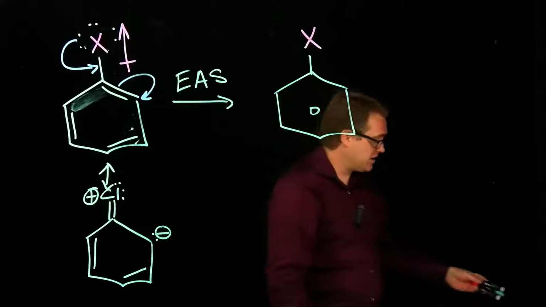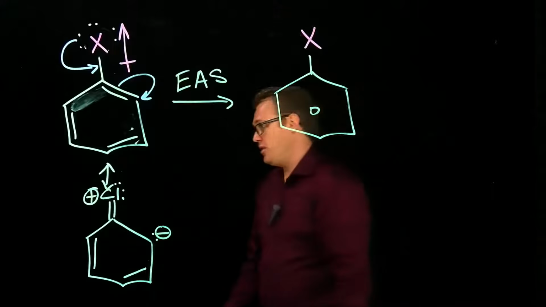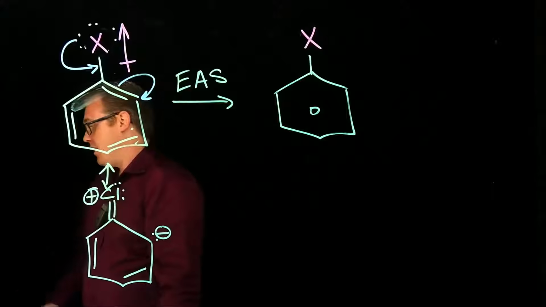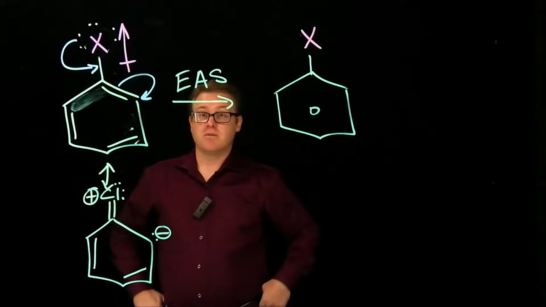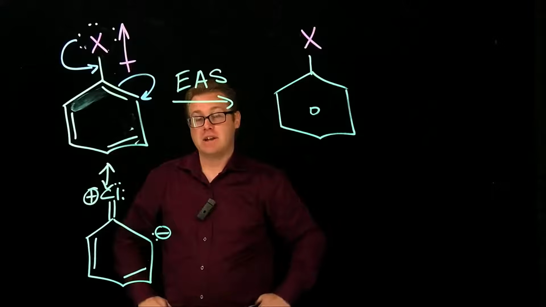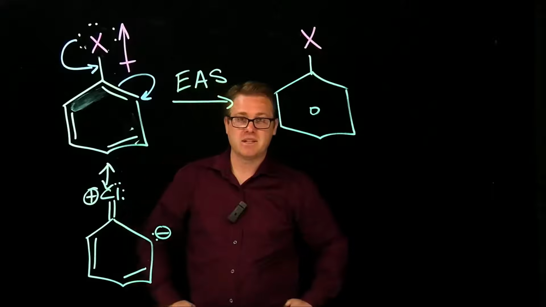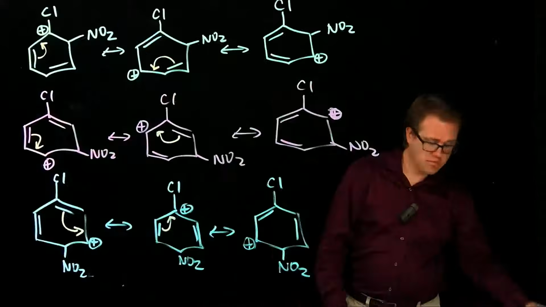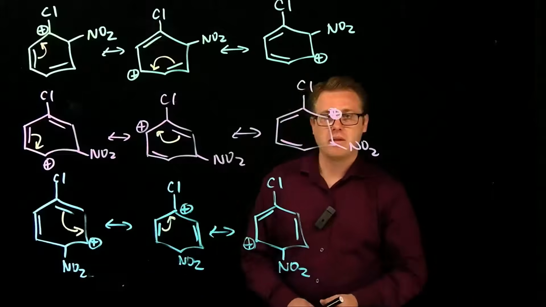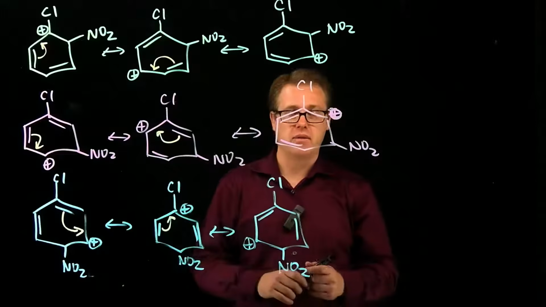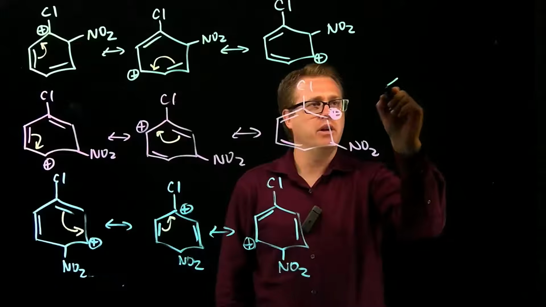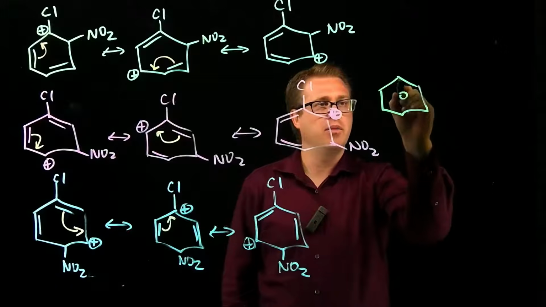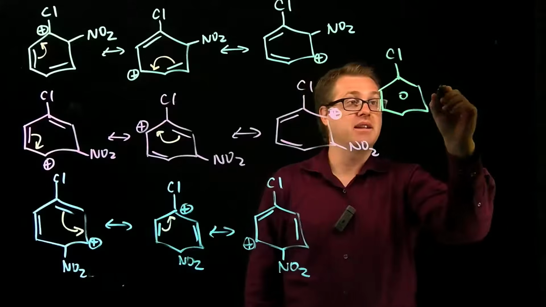Now, how do you rationalize this? Well, you have to go to the sigma complexes once again and look at it that way, and that can help us understand why there's this exception. Now, what this is showing us is when we took a chlorobenzene and we did a nitration.